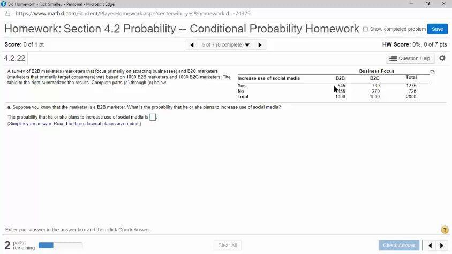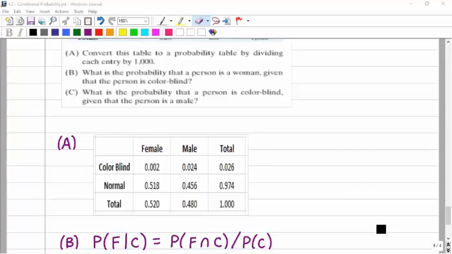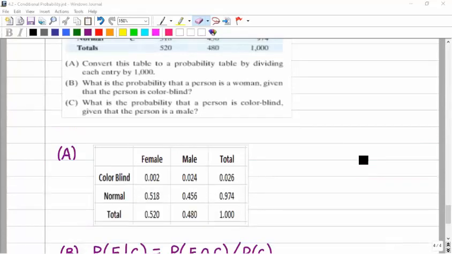Let me go back to the notes and show you what I mean. So you have to be a little careful on this. I have confidence in you. It's just more like sentence structure than anything else. I'll take a look at part B here, the last problem there.